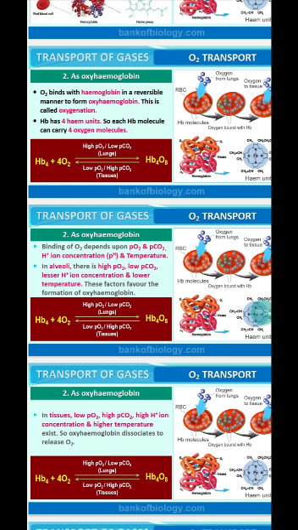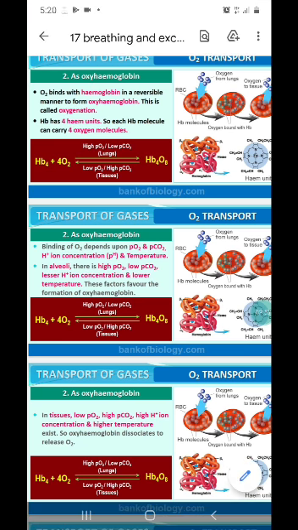And at the tissue level, there is more CO2 in the cells than in the blood, and the partial pressure of oxygen is more in the blood than in the cells and tissues, right? So that is why they combine. Because of these reasons, they combine with the blood and it is transported. Okay. All these things I explained in the last class itself. Just go through this, you will understand it easily, right?